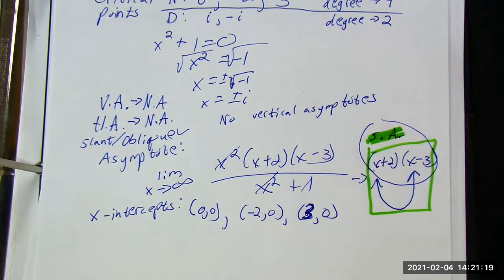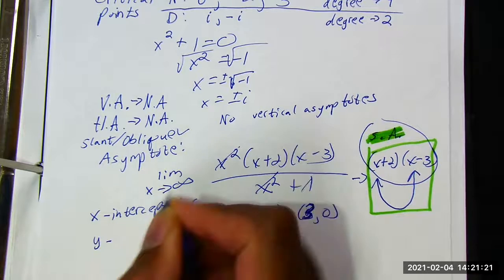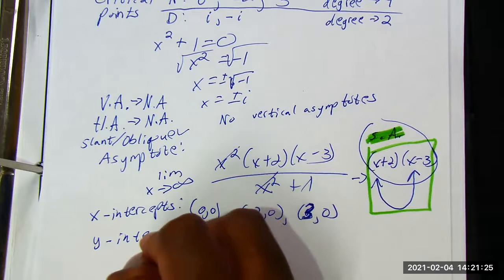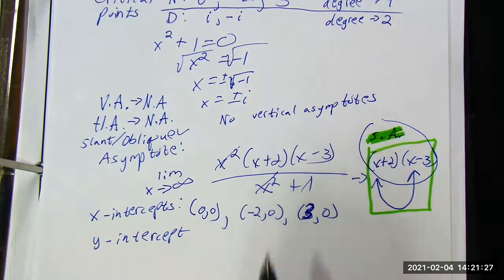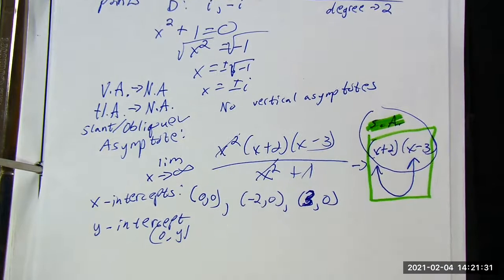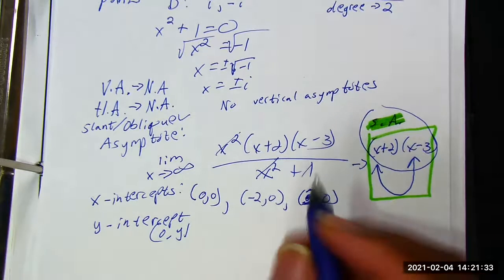Those are my x-intercepts. Let's calculate the y-intercept to see if it's there, even though we can sort of look and tell. Again, the y-intercept is what y is when x is 0. So I'm going to plug in 0 for x and get y out.